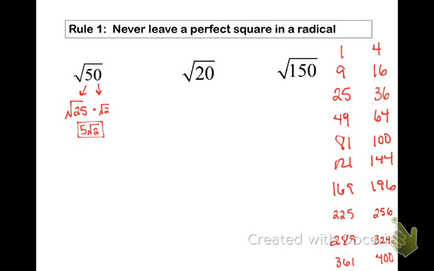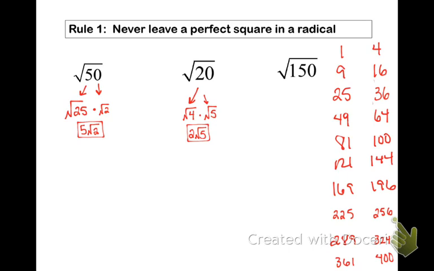I can't divide it by 16, I can't divide it by 9. I can, however, divide it by 4. So I'm going to have the square root of 4 times the square root of 5. The square root of 4 is 2, so it's 2 times the square root of 5.